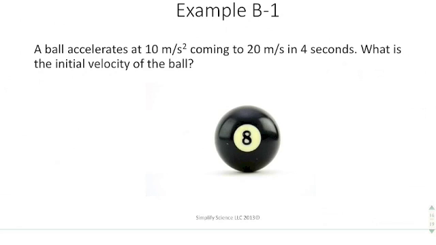So we go to example B1. It says a ball accelerates at 10 meters per second squared, coming to 20 meters per second in 4 seconds. What is the initial velocity of the ball? It asks you to work that out.